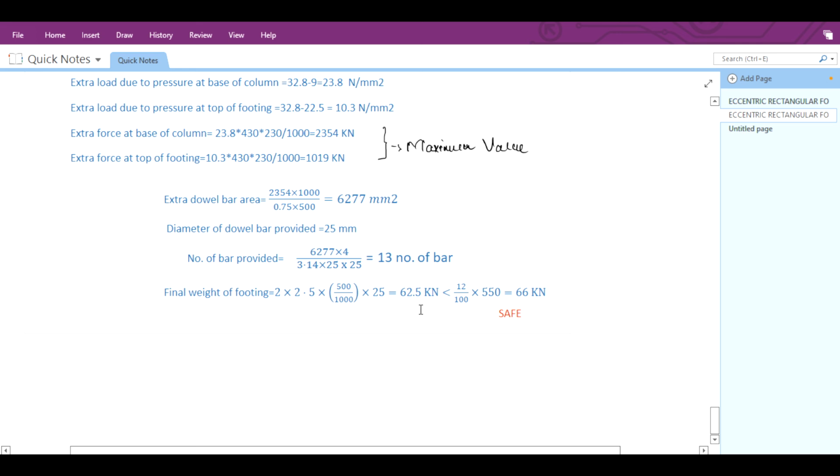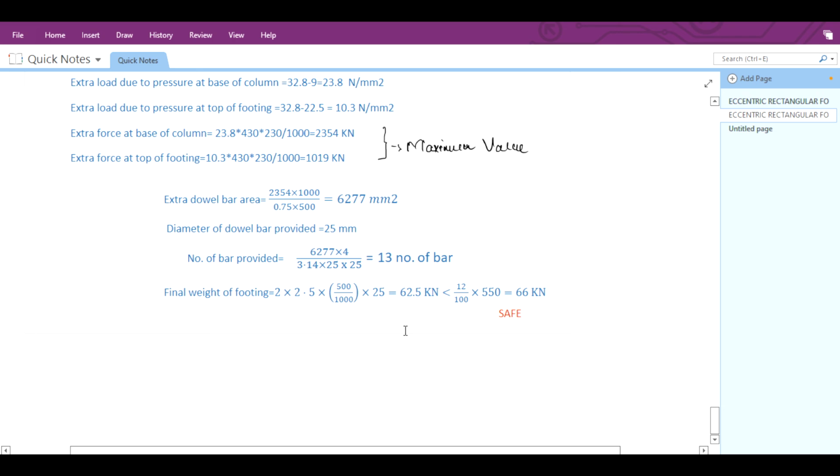So our value will come as 62.5 kilonewton. This will be the total weight of our footing, and we have considered 12% of the service load, so it will be 12 by 100 multiplied by 550, which comes as 66 kilonewton. So what we have considered is more than what we got, so that will be safe. If it comes more than this, then you have to again increase the self weight of the footing at the start, and design again with the whole system.